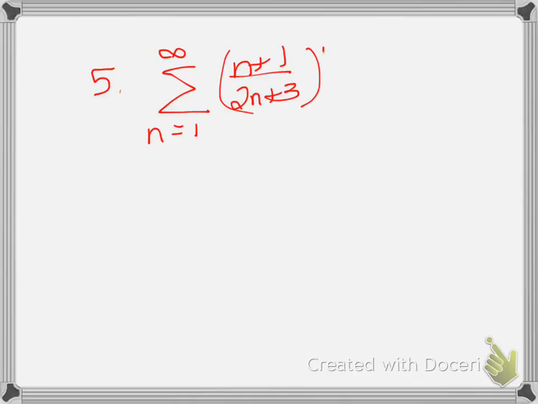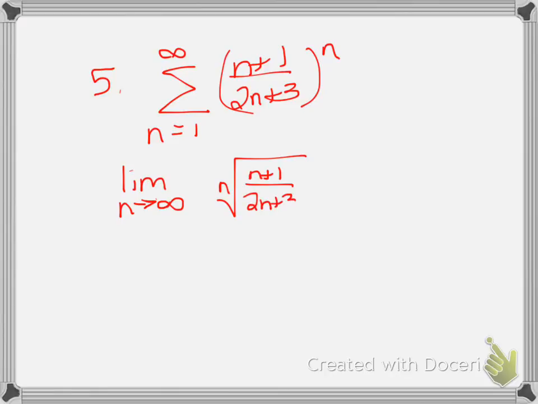So what you do is we try to find the limit as n approaches infinity of the nth root of n plus 1 over 2n plus 3 to the n.